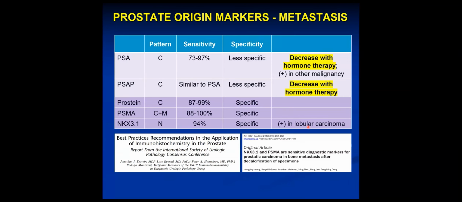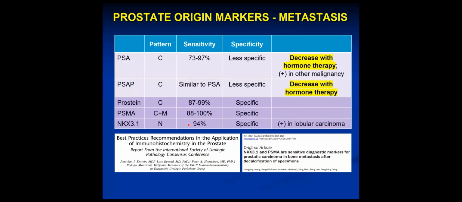Confirming a metastasis from the prostate is a frequent scenario in cytology. Among the markers listed here, NKX3.1 stands out as the best choice due to its nuclear localization and its specificity, although it has been reported to be positive in a subset of lobular carcinoma, but as you can imagine, it usually doesn't come up as an issue.